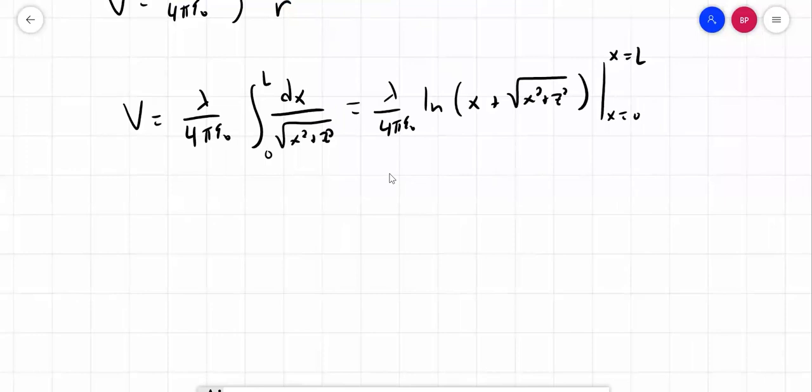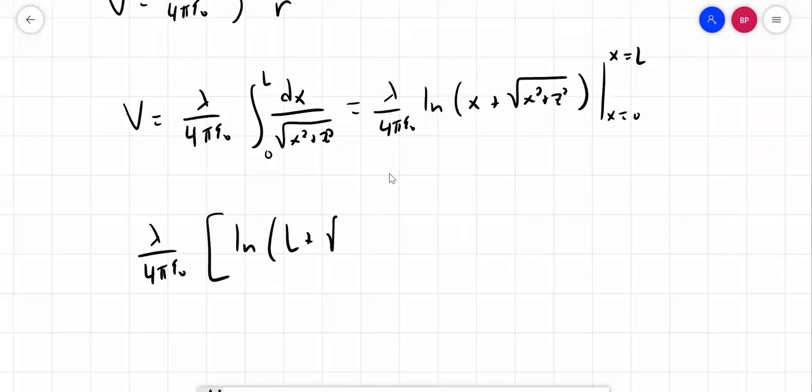So when we plug in x equals L, the constants stick around. We have the log of L plus the square root of L squared plus z squared, minus, when x is 0, the log of the square root of z squared, which is z.